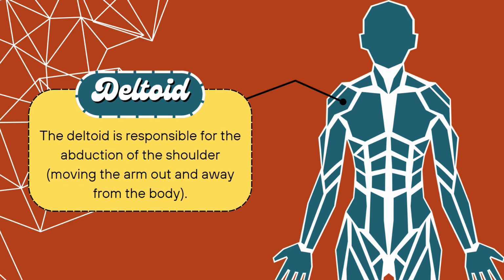It's actually a triangle, and in real life, you can see that deltoids are really just an upside down triangle, which is why I think it's pretty befitting that they're called deltoids. That's the reason you can remember how to identify deltoids. And the deltoid is responsible for the abduction of the shoulder, just literally meaning that it moves the arm out and away from the body.